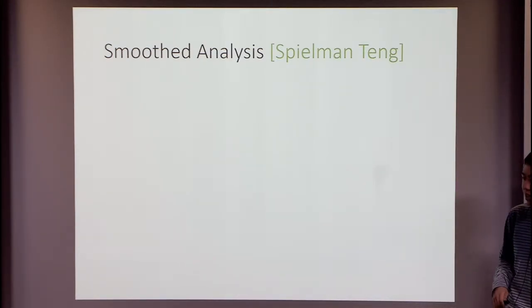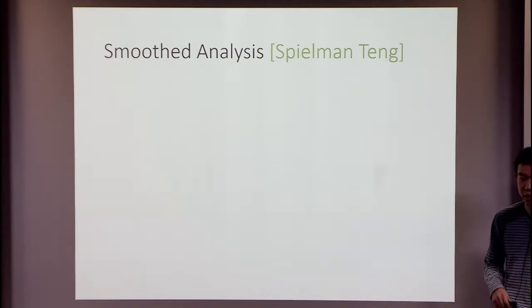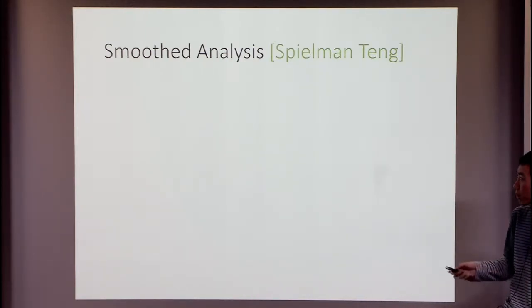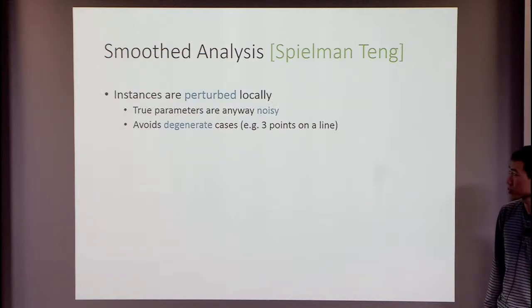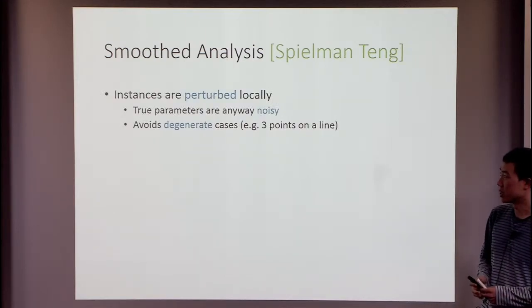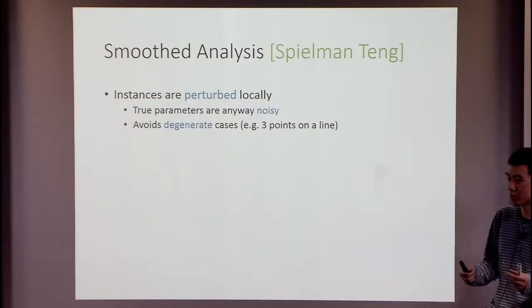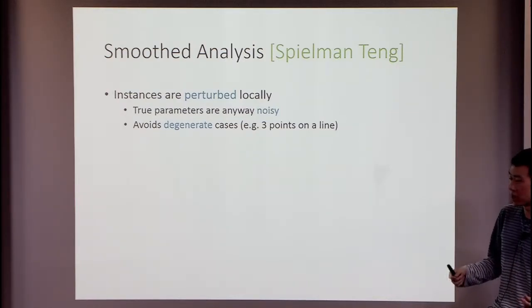It was used to analyze the simplex algorithm for linear programming, but it's also very reasonable for many learning settings. In this case, the algorithm does not get worst case instances. Instead, the instances are perturbed locally before they are given to the algorithm.